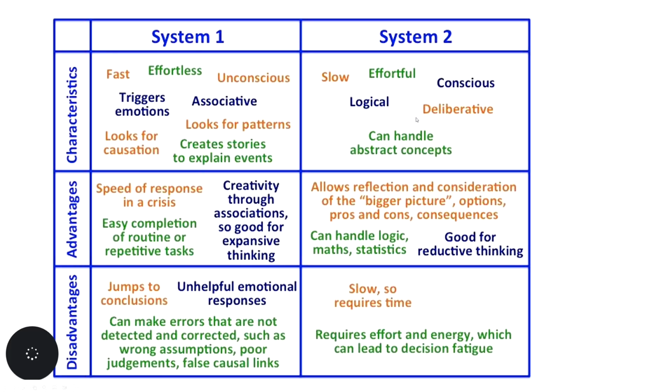And here are some different characteristics, advantages, and disadvantages for System 1 versus System 2. This can be helpful when we're looking at field investigations, when we're trying to decipher decision-making after the fact. We can use some of these characteristics to try to untangle what decision-making mode or process the person was going through.